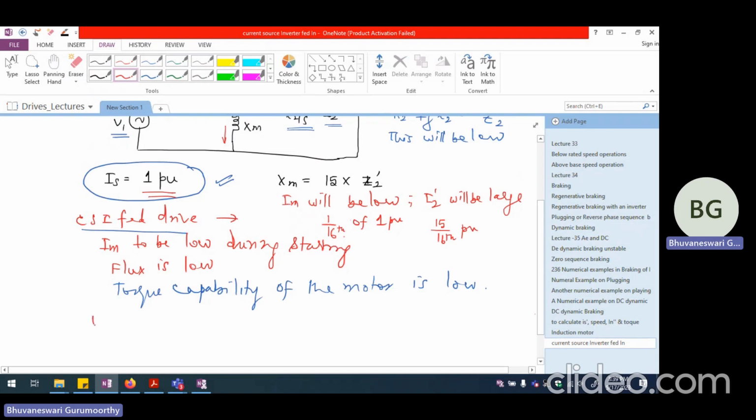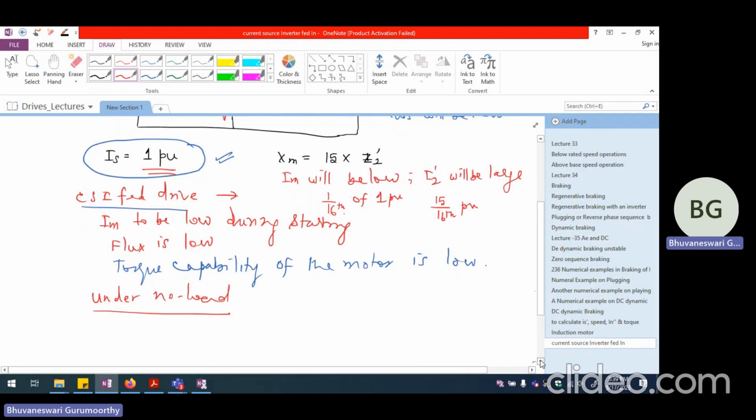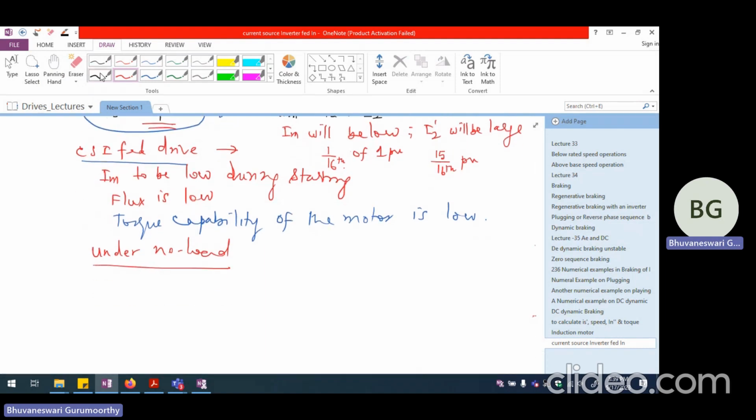Now let us look at different operating conditions of the CSI fed drive. So under no load condition, if I analyze how the induction motor drive is going to perform when it is fed with the current source inverter, again, let me draw this equivalent circuit of the induction motor, assuming that this Is is going to be 1 per unit, for example.